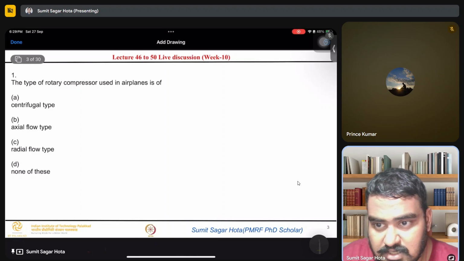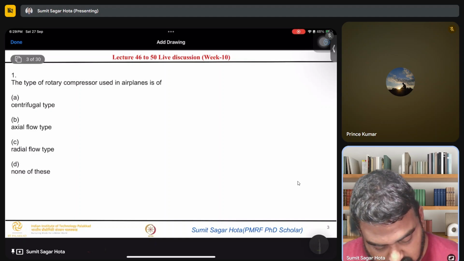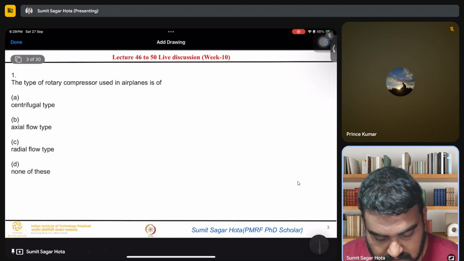One is the centrifugal and one is the axial type. So the rotary compressor used in the airplanes is axial type.